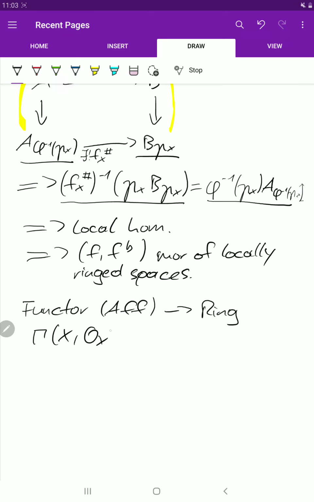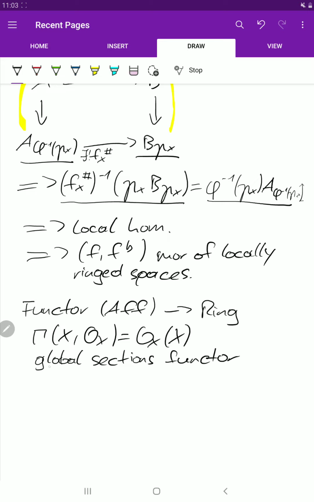So on objects, we just look at the global sections of this sheaf. So this means O_X is a sheaf, and we look at the ring O_X(X). We call this the global sections functor. That's what it does on objects.